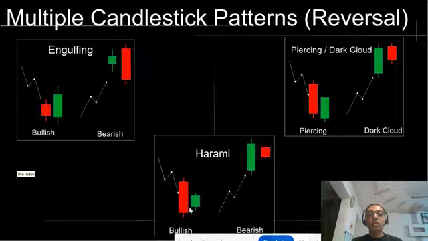The surprising news for bears is, number one, the bearish candle closed at this point. However, bulls opened it above this price, right? And then they kept on buying and sustained this price. So it gives a big surprise to the bears, and they will start exiting their short positions.